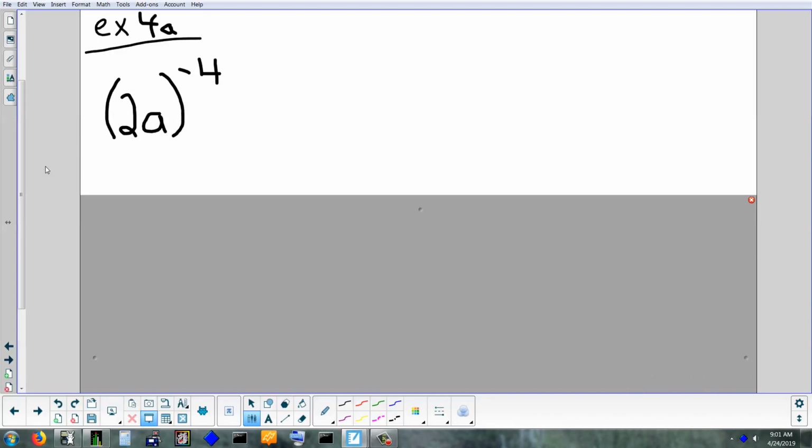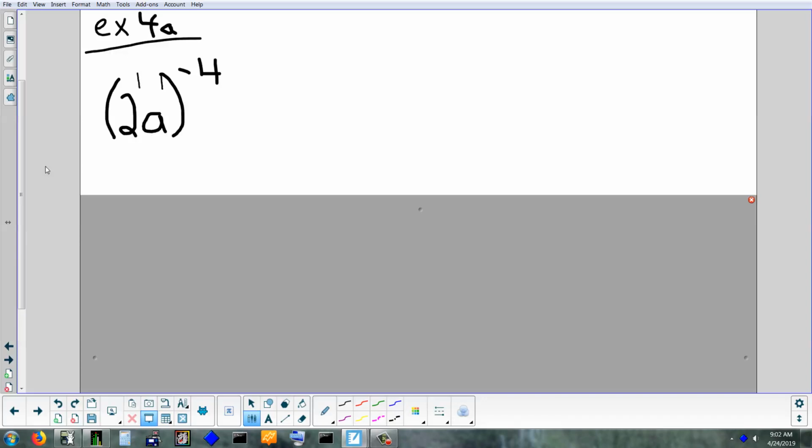Now, neither one has an exponent written. What can I do? Put a 1 with both. 2 to the first, A to the first. What do I need to do now with that negative 4? Multiply by what, Yusuf?